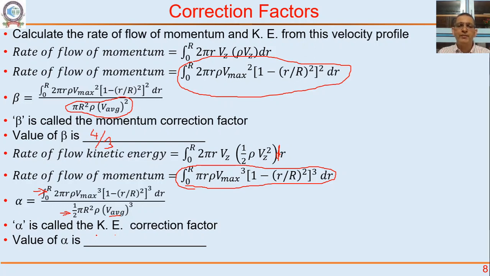You will find that the kinetic energy correction factor is 2. So all I have to do is, if the flow is laminar given by this velocity profile, I just have to calculate the rate of flow of kinetic energy from the average velocity multiplied by 2, I will get the actual value. So obviously the values of beta and alpha depend on what the velocity profile is.